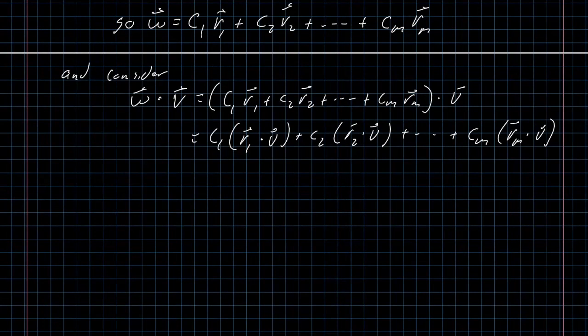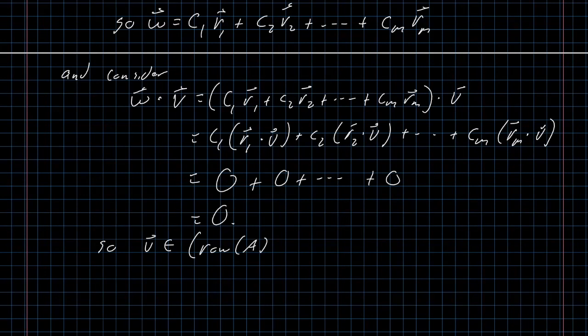And I just established all of those things are 0. So that means that every vector in the null space is in the orthogonal complement of the row space.